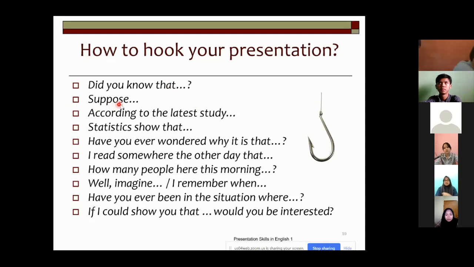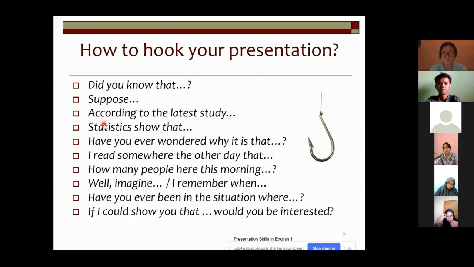Or the second one, by saying, ladies and gentlemen, suppose that you are a victim of the COVID-19 pandemic, for example. So you ask your audience to imagine being one of the actors in what you are talking about.